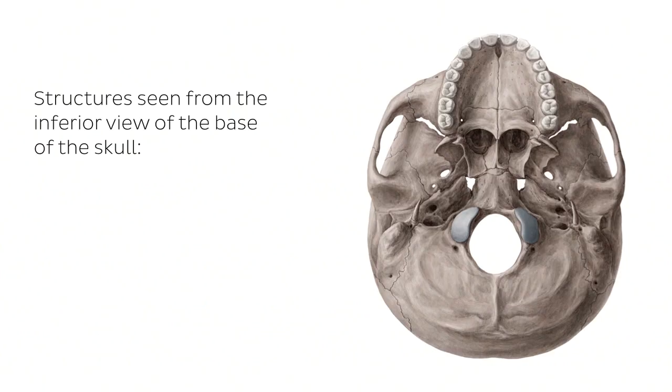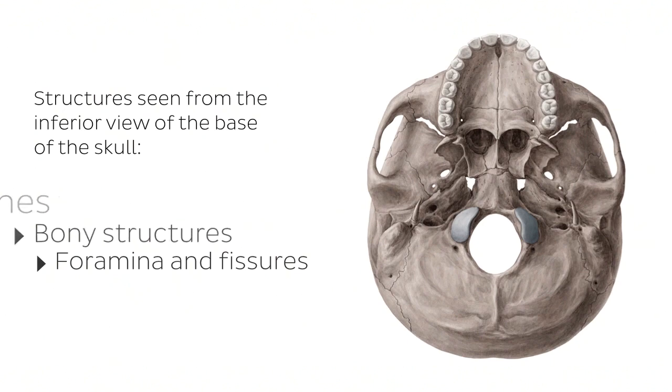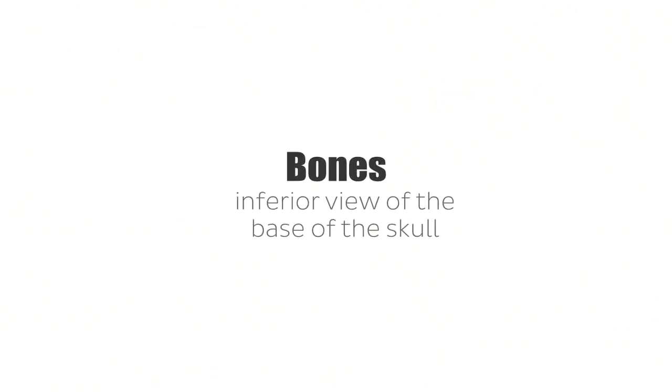And now we're going to look at the different structures, which include the bones, the bony landmarks associated to those bones, and most importantly, and the trickiest part, the foramina and the fissures. So all of these little holes, and trying to explain what is going to go through these fissures and through these foramina.